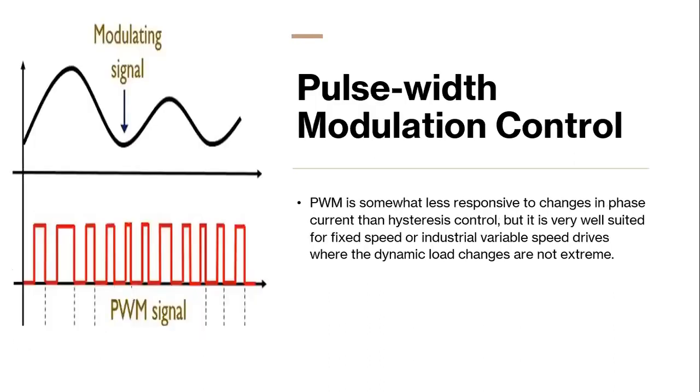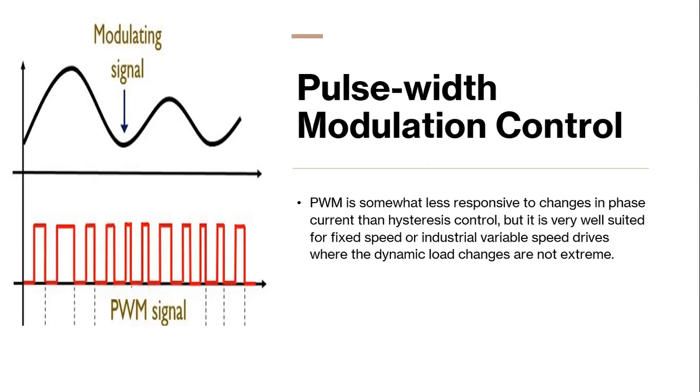Second is the pulse width modulation control. PWM is somewhat less responsive to changes in the phase current than the hysteresis current control. But it is very well suited for fixed speed in industrial variable speed drives.